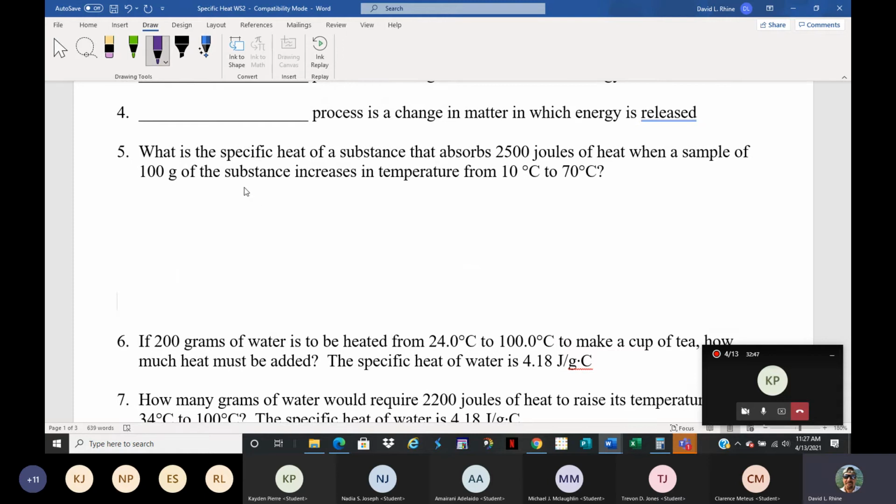All right, so Q, which is your heat in joules, that's right here. This is Q. Okay, this is M. And this is delta T. Okay, 70 is T final. And 10 is T initial.